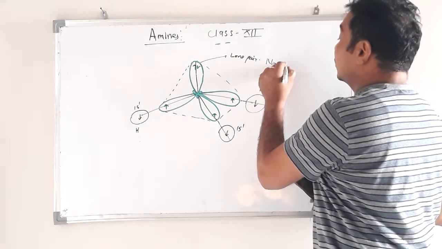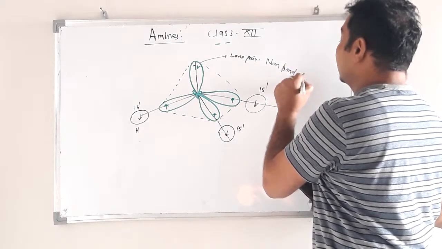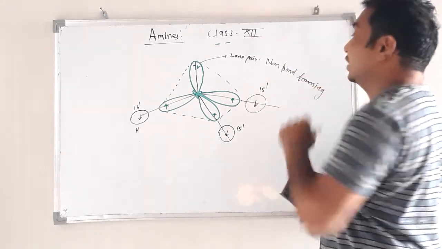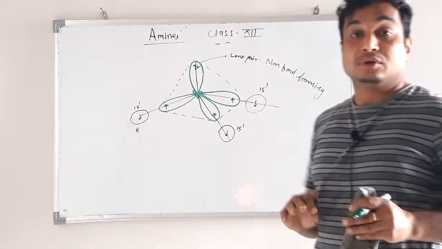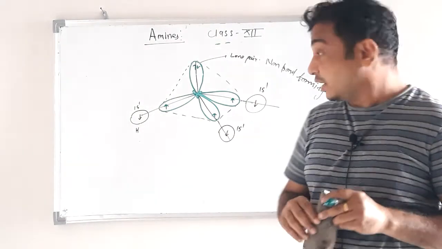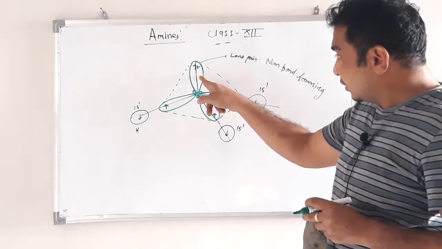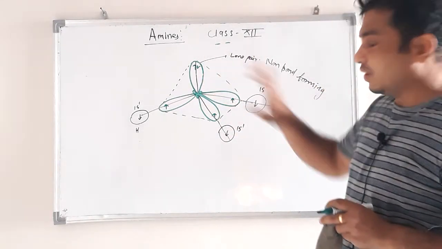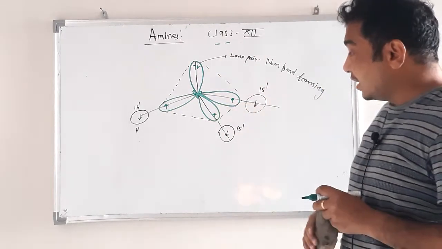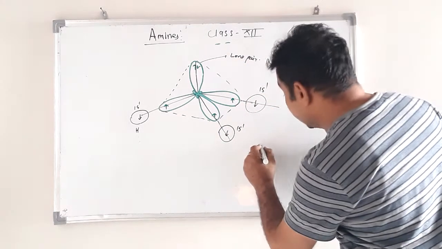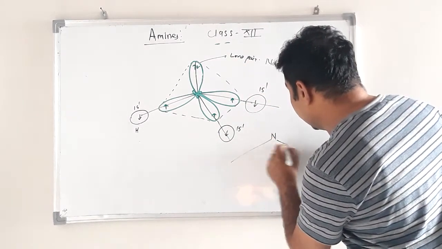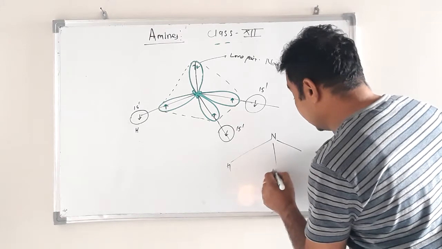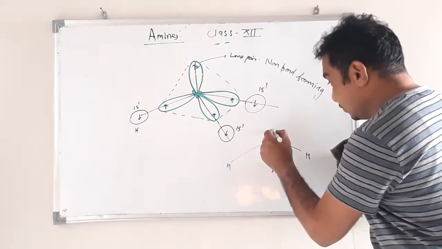Non-bond forming, that is also known as lone pair of electrons. So we can drop this orbital to show its structure. We can avoid this. So this has this type of shape, nitrogen and 3 hydrogen and 1 lone pair.